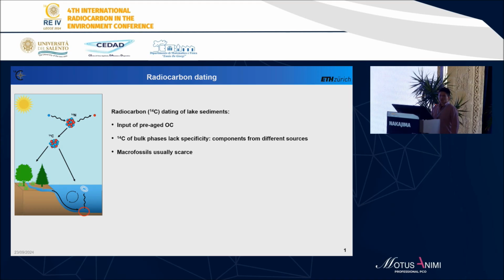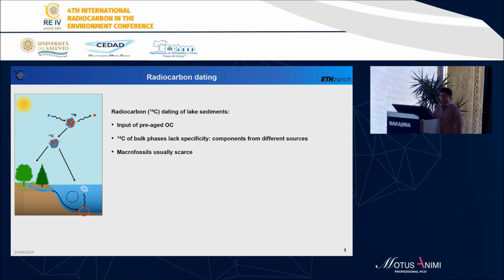A solution to this is to target a specific component of the sedimentary matrix, and the most straightforward way is to do this with macrofossils, usually from terrestrial plants. But the macrofossils are often too scarce, so chronologies reliant on them are often unreliable.